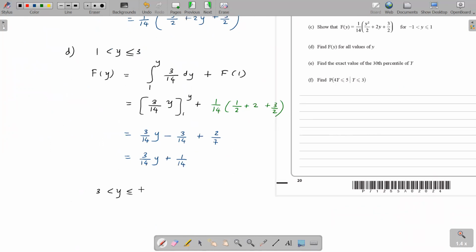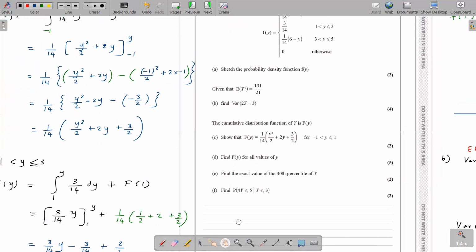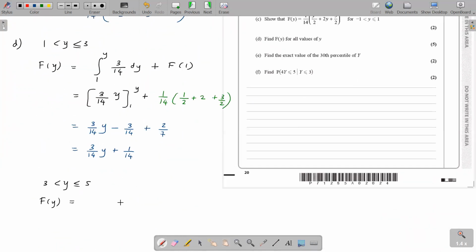So for y values between 3 to 5, F(y). What are we integrating? The function is 1 over 14 times (6 minus y), right? The limit starts at 3 and ends at y, where y can be anything between 3 and 5.